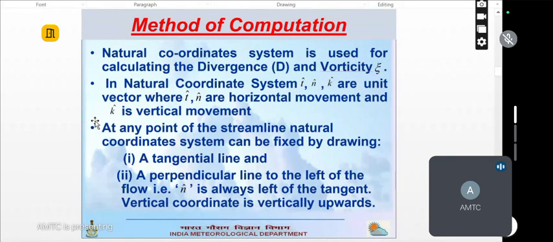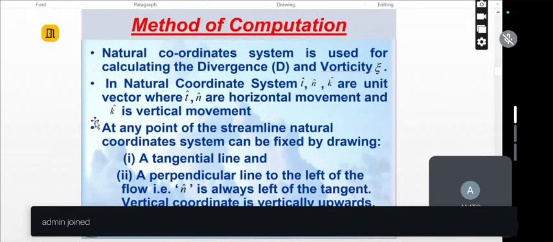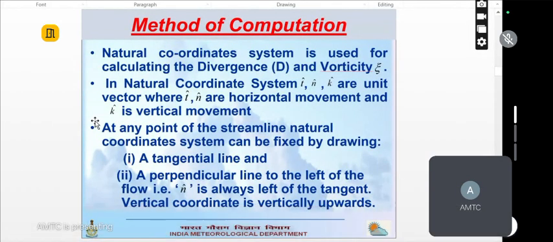It has a very simple principle that wherever on the earth, you take three vectors: T, N and K. One is the movement of the wind, tangential to its path, one to the left of it, and K always points upward.